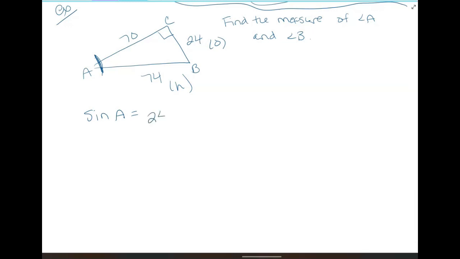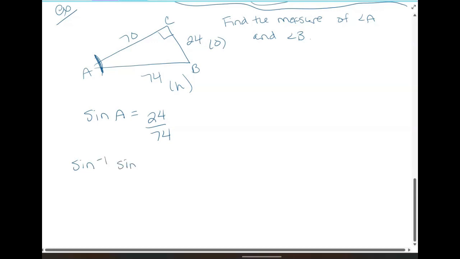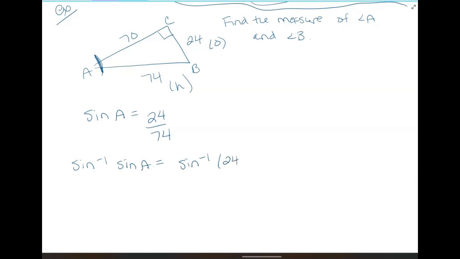So the sine of A is 24 over 74. And then in order for us to find A, we're going to operate the inverse sine to both sides. And when you do that on your calculator and round to the nearest degree, you should get angle A equals 19 degrees.